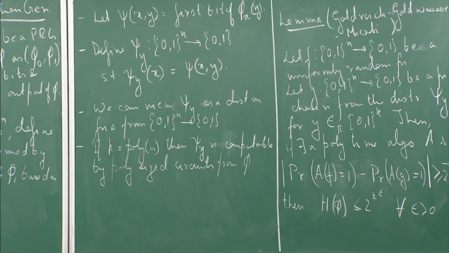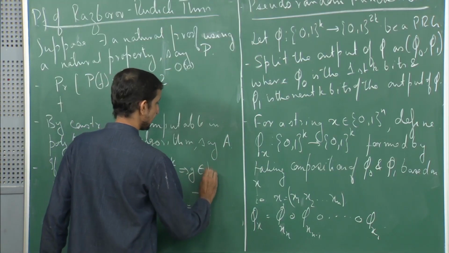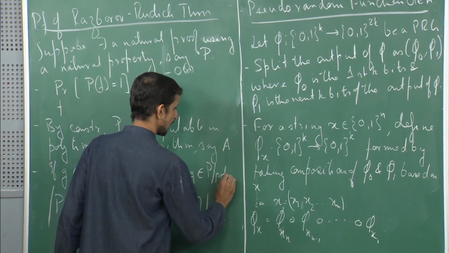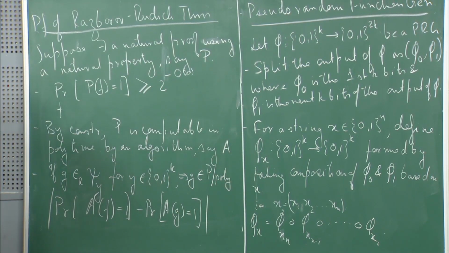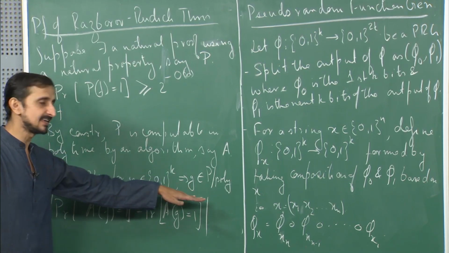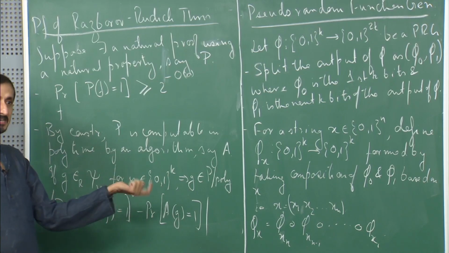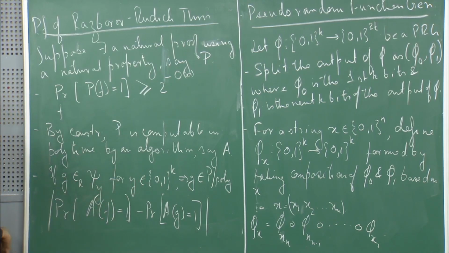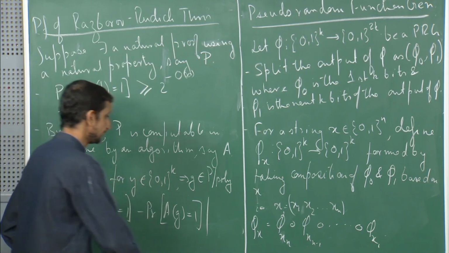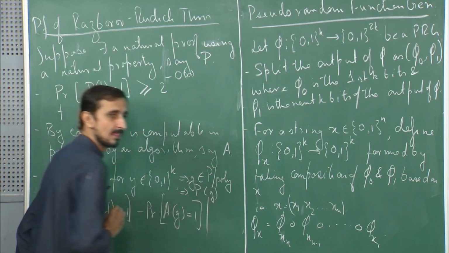So in other words, what this implies is that G belongs to P/poly. And if you look at the statement of Razborov-Rudich, it says that phi is a function in P/poly. So therefore G belongs to P/poly. If G belongs to P/poly, what can we say about P of G?